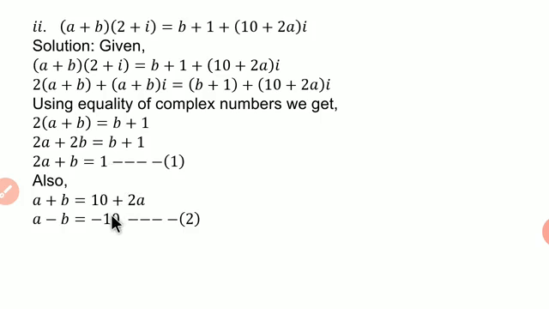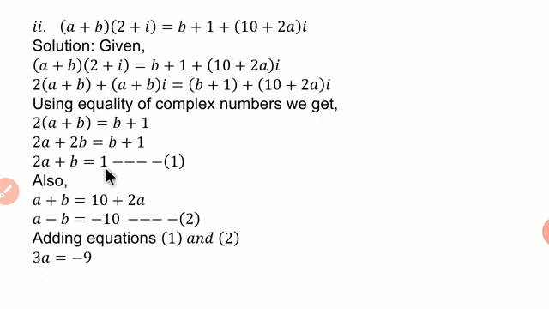Now solve these two equations for the values of A and B. So simply adding both the equations, we observe B gets eliminated and we get the value of A. So adding equations 1 and 2, we get 2A plus A, it is 3A. Here B gets cancelled and 1 minus 10 is equal to minus 9. So we get 3A is equal to minus 9 and therefore A is equal to minus 3.